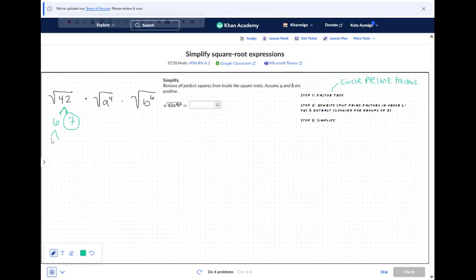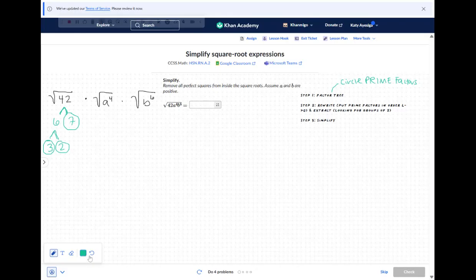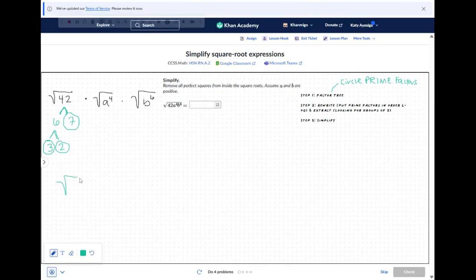So next is 6, which is composite. We continue. That's going to be 3 times 2 gives us 6. And both of those are prime, so we stop, right? So we're rewriting this, listing it in order from least to greatest. So we've got 2, 3, and 7.